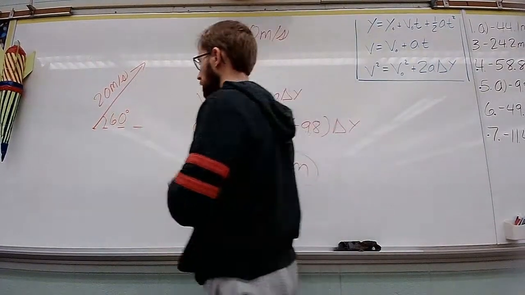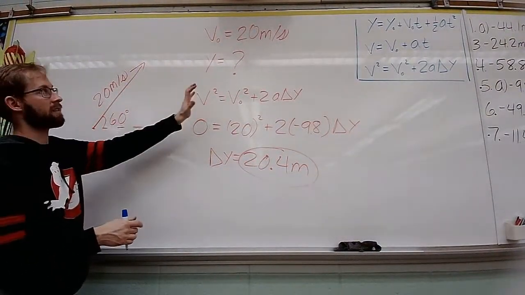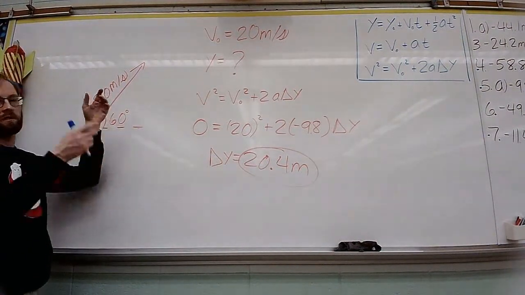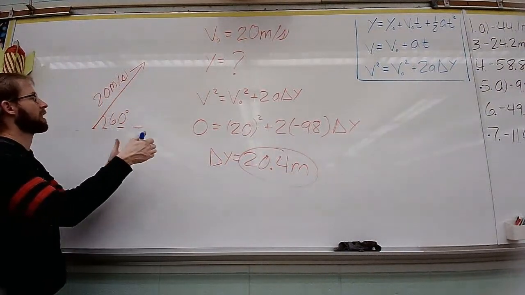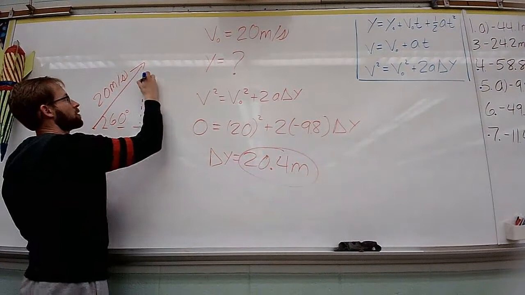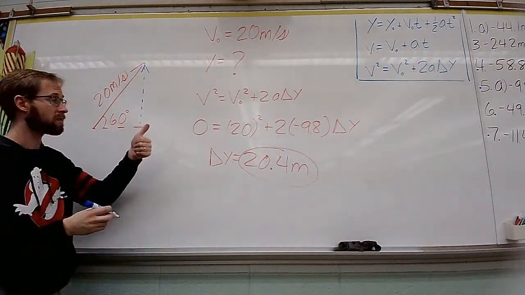So if you want to figure out how high up it's going to go here, basically you can use this exact same equation, but you're not going to use 20 meters per second, because it's not going straight up at 20 meters per second anymore. What you'd have to do is use your knowledge about triangles to figure out exactly how fast vertically it's traveling.